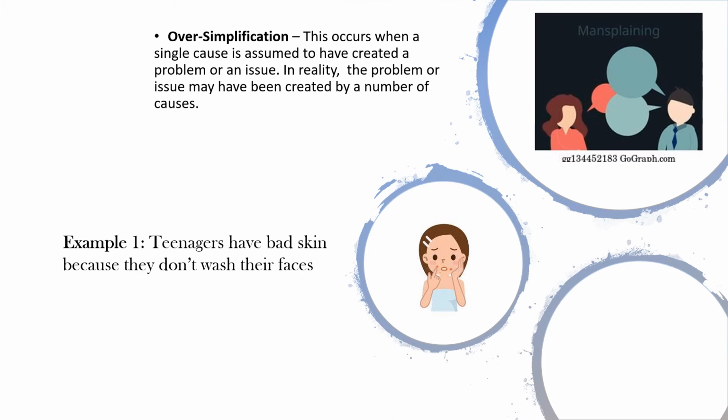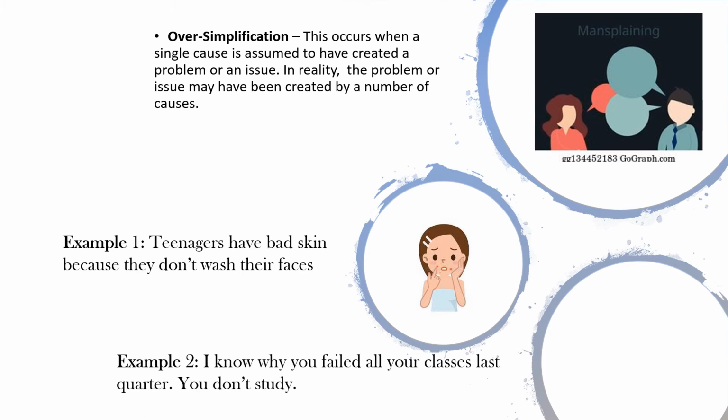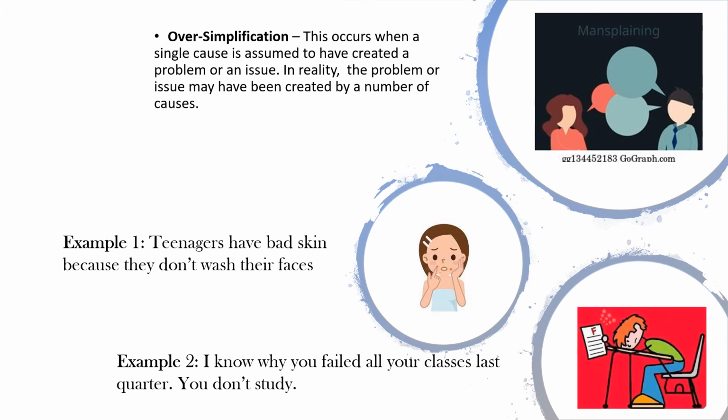In fact, there are numerous causes. Example number 2: I know why you failed all your classes last quarter. You don't study. Alright? There could be many reasons why a student experiences difficulty in school. Reducing the problem to just one solution is oversimplifying.